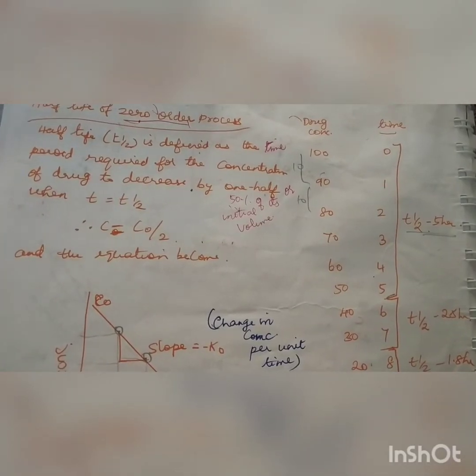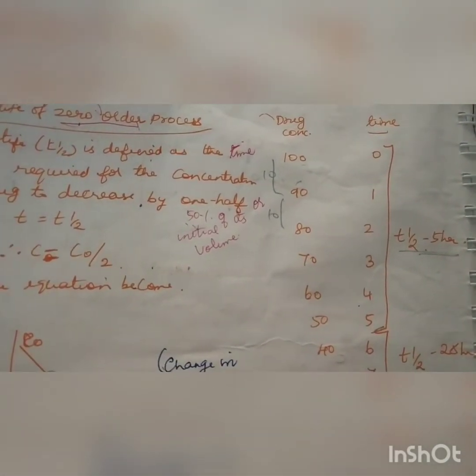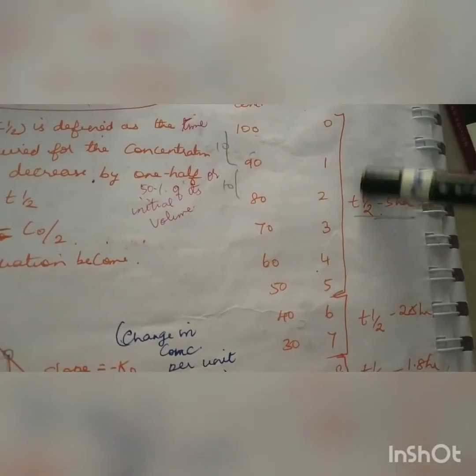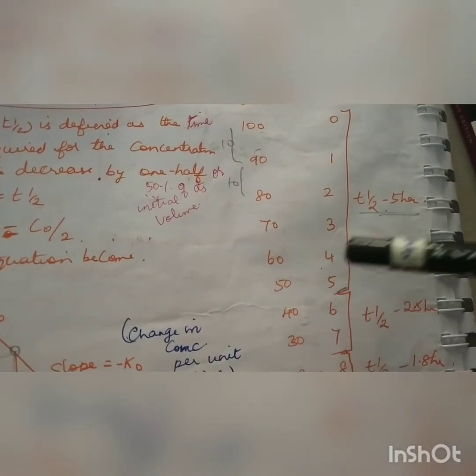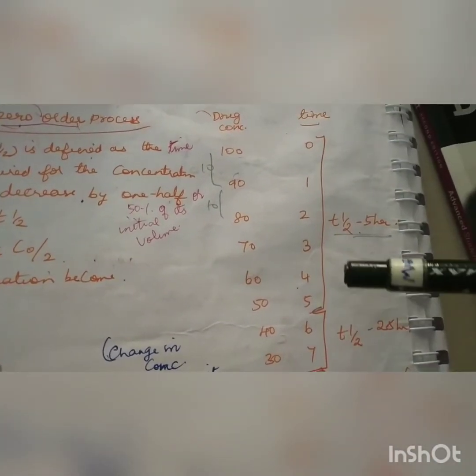So the concentration becomes completely half, right? If you look at this, the 100 milligram will reduce to 50 milligram only after 5 hours. We are discussing T half.